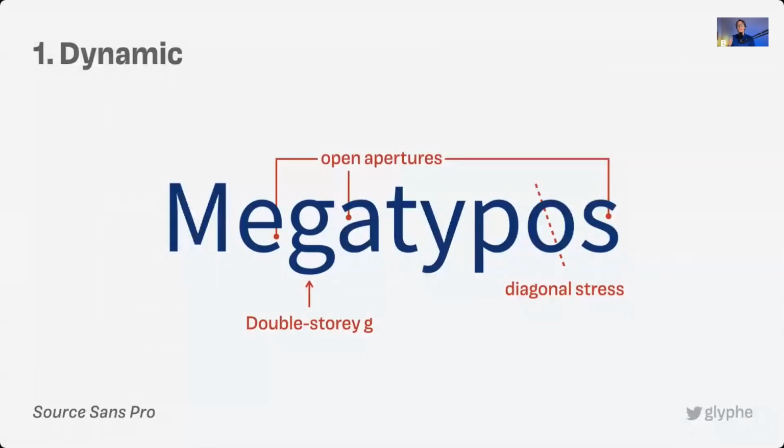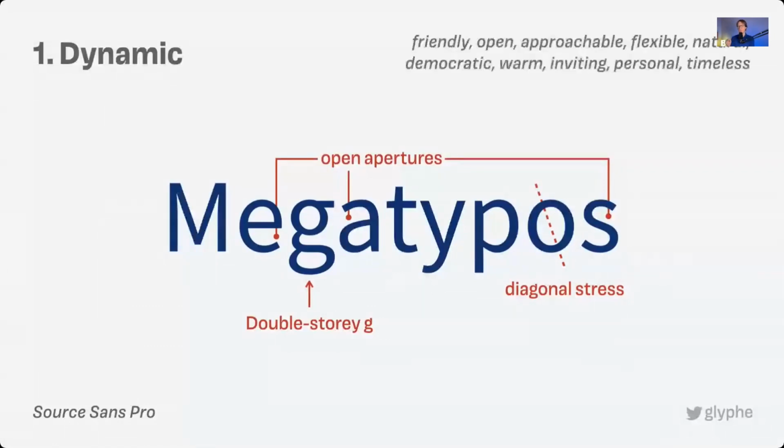linear. But the interesting thing here is that to this dynamic or humanist form model, we have some connotations, or adjectives, we can say. It's friendly, open, approachable, flexible, natural, decorative, warm, inviting, personal, timeless, whatever. Always depending on the application, the industry, the culture, of course, and then on the typeface and the other layers as well. But from the form model and how we mostly use it, it's from there.